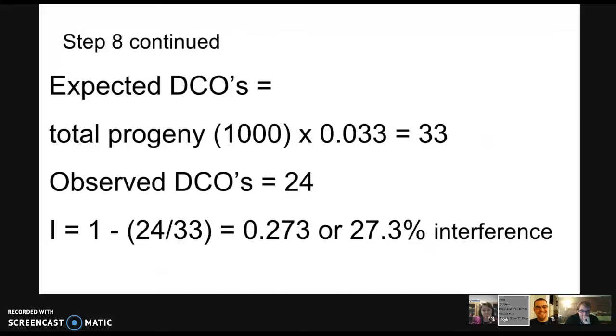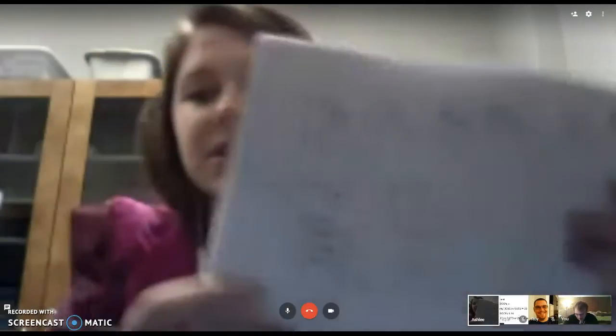questions 1 through 4. And Ashley has something to say about question 3 because it's a little bit different. So for question 3, if you can see this right here, I've got it set up. Instead of the double crossovers, you actually do it with the smallest ones, which would be 0 and 0.